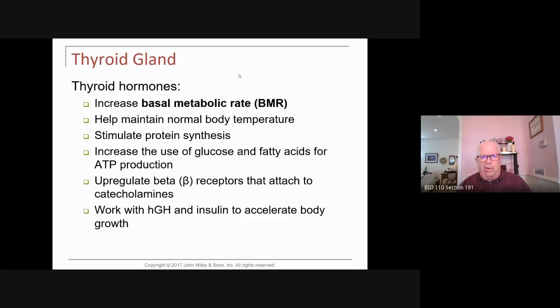So thyroid hormone, human growth hormone, and insulin are the three hormones in growth of your cells. And you know I'm going to ask you that question on exam number 4. Guaranteed, guaranteed.